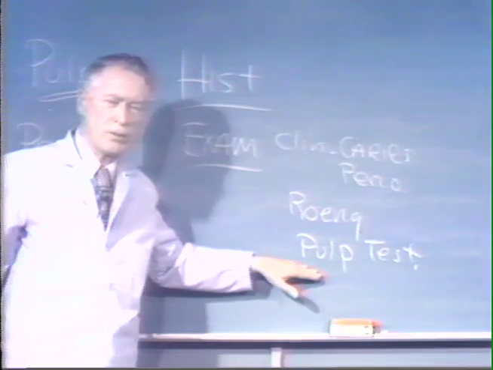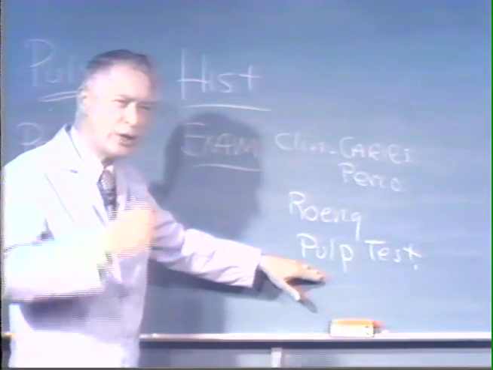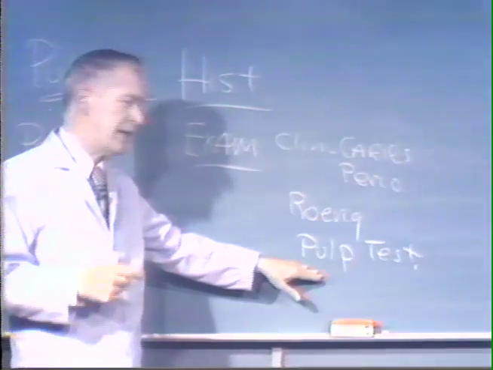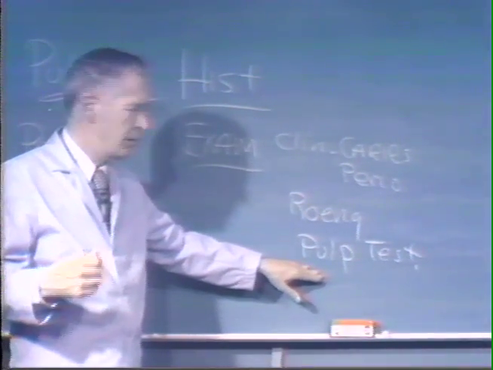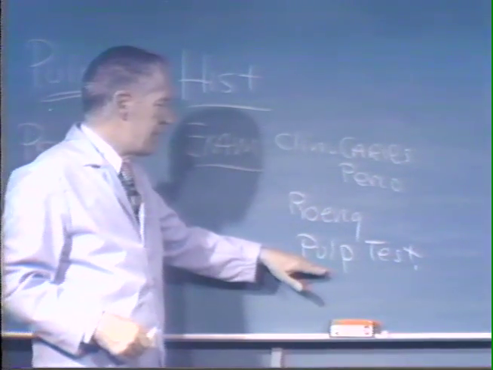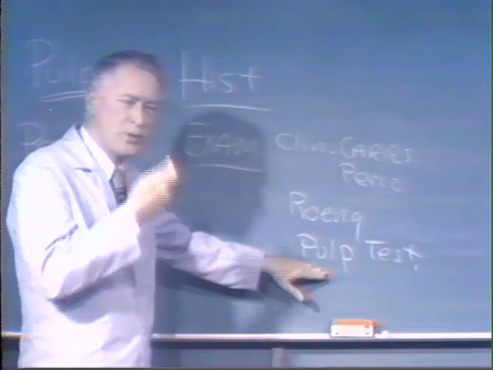And this, of course, has to be interpreted with you paying careful attention to not just the fact that you get a vital response, but the type of response you get. The type of reaction relative to the same tooth in the opposite arch.